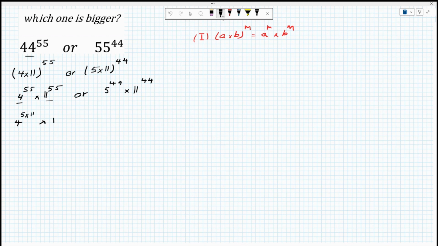I can write 11 to the power of 55 as 11 to the power of (11 plus 44). On the other side, 5 to the power of 44: instead of 44, I can write 4 multiplied by 11. And I'm going to leave 11 to the power of 44 as it is.